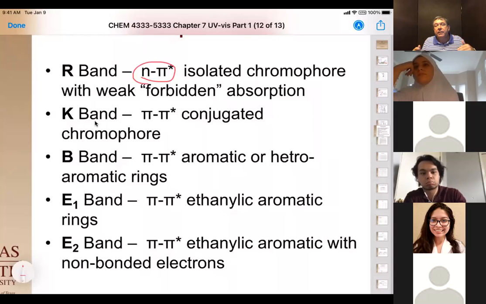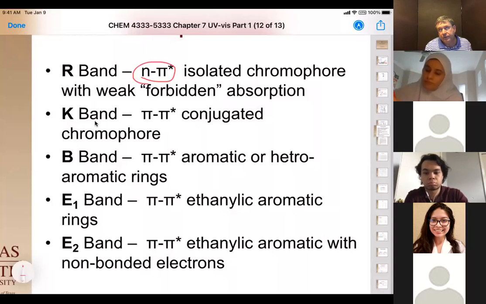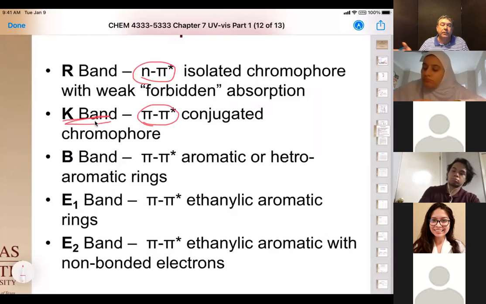By forbidden, it means in theory it shouldn't happen because the energy gap is not aligned. There's a better way to say that, but I'm drawing a blank. Sorry. The K band is the more common one, and that's our standard pi to pi star transition in a conjugated chromophore. That can be conjugated with another carbon-carbon double bond or a carbonyl or a carbon-oxygen double bond.